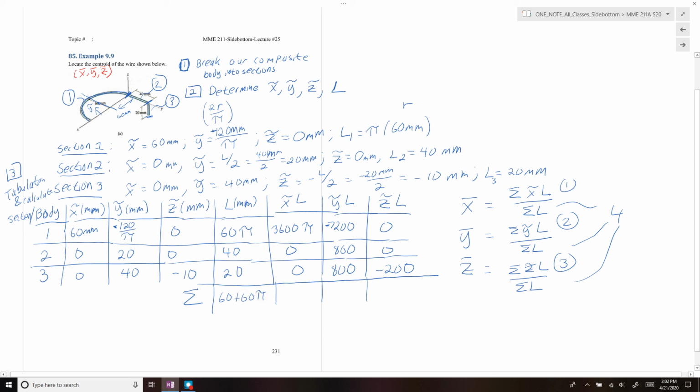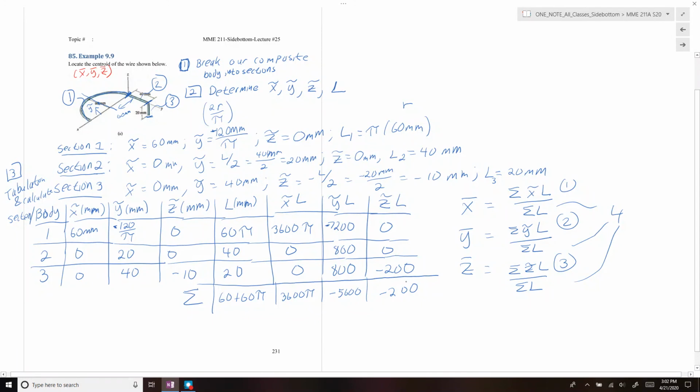The sum of all of our x tilde L's would be equal to 3600 pi. The sum of all of our y tilde L's would be equal to negative 5600. And the sum of all of our z tilde L's would be equal to minus 200.